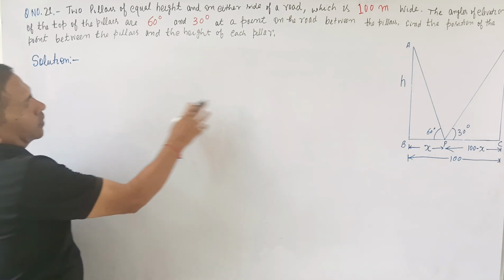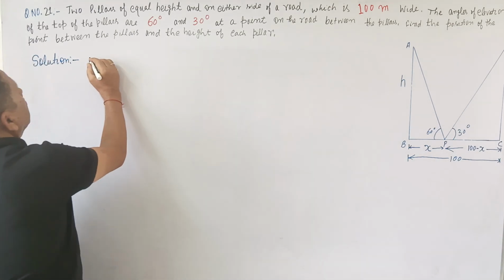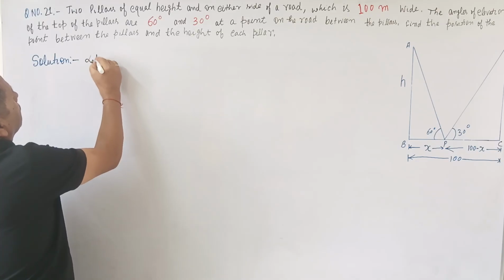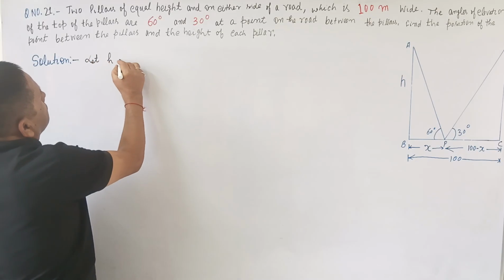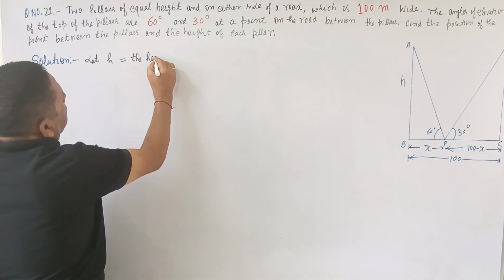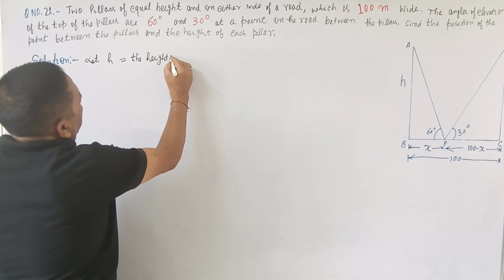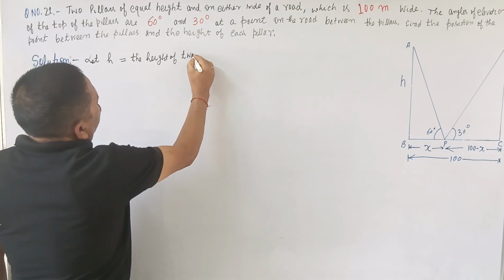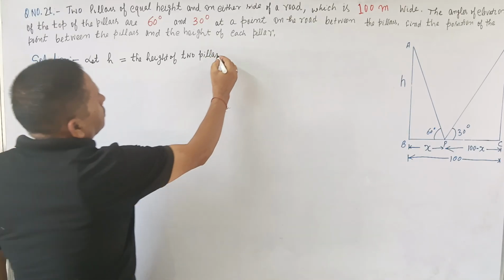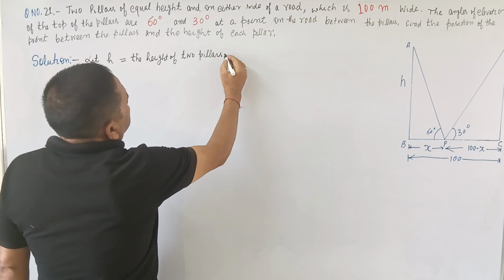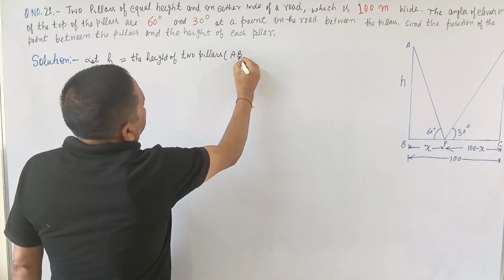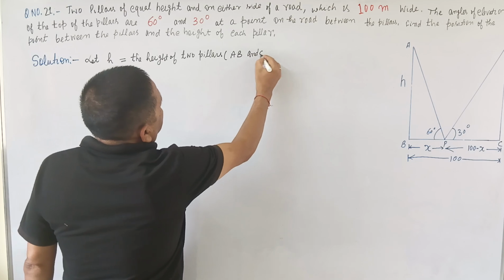So the solution is: let H equal the height of the two pillars, in this case AB and CD.